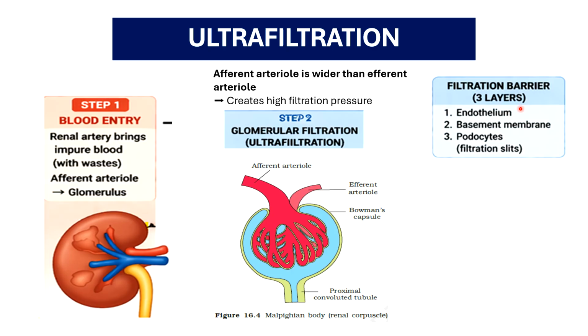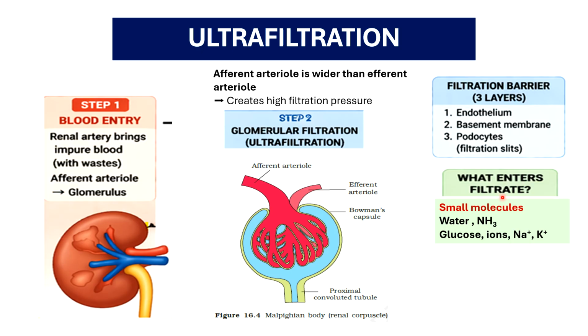And this results in formation of the filtrate that is present in the Bowman's capsule. So what's inside the filtrate? All the small molecules can pass through, that are water, ammonia, glucose, ions such as sodium and potassium. All of these are present in the filtrate.